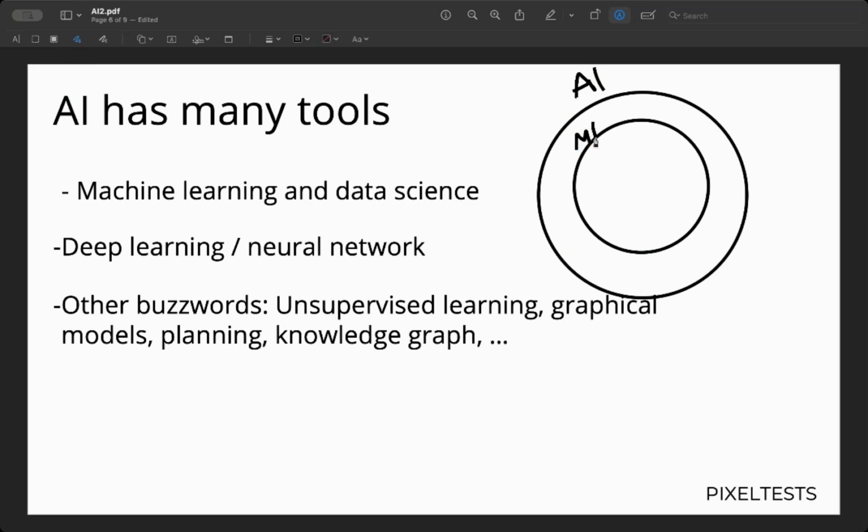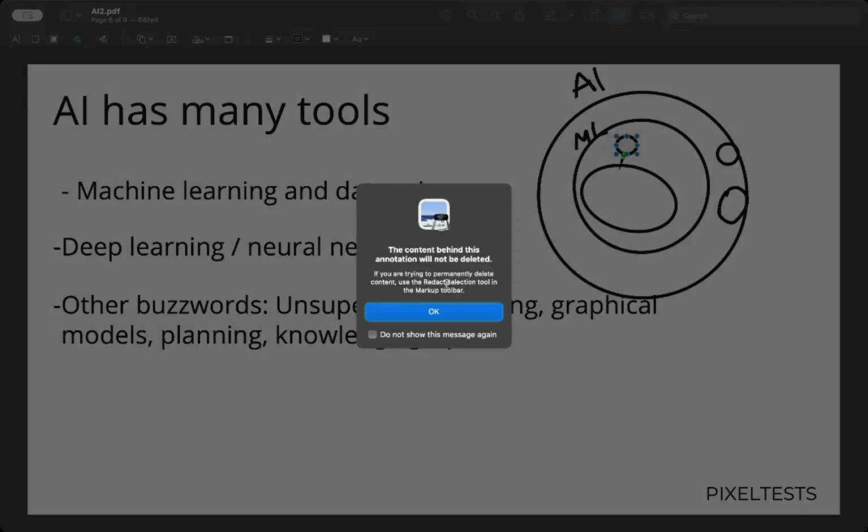Okay, and there could be a lot of other things which are not machine learning but still AI. Okay, and within this one particular segment is a neural network or deep learning, right? I'm just going to write it as deep learning.